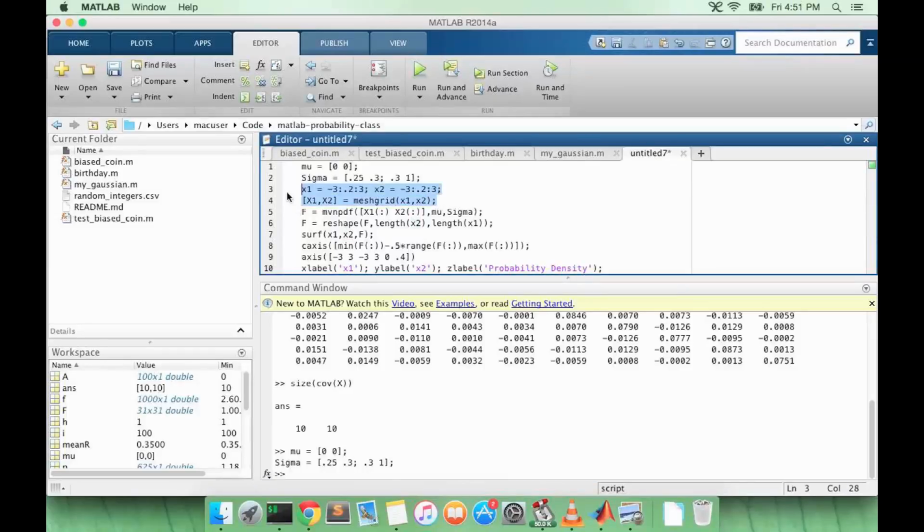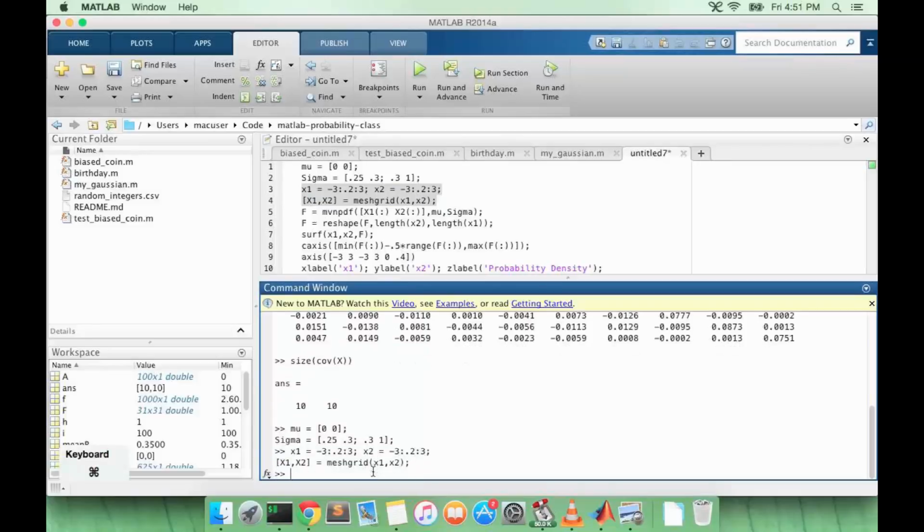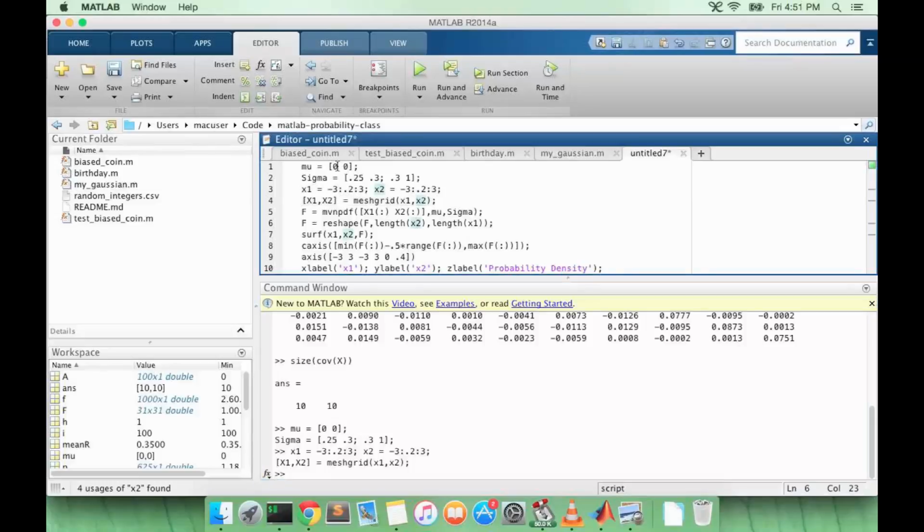Don't worry about this code too much since it is not the focus of this lecture. We're simply setting the x-axis, so the x1 and x2 values. Note that the dimensionality of x is 2. So mu is 2-dimensional and sigma is 2 by 2.